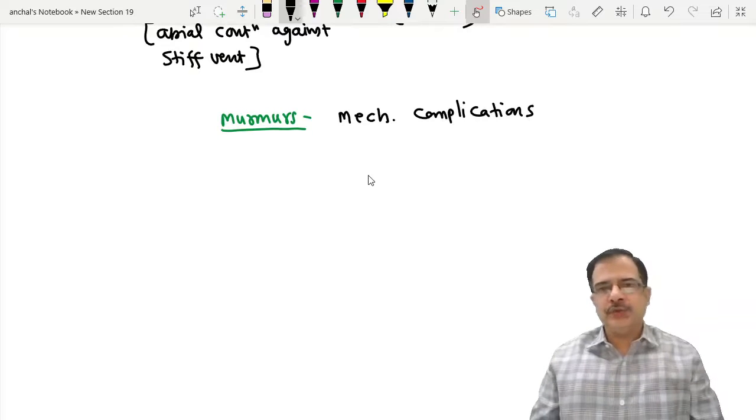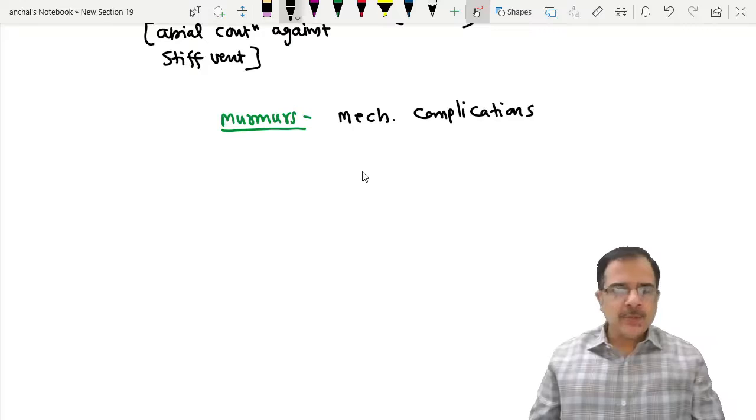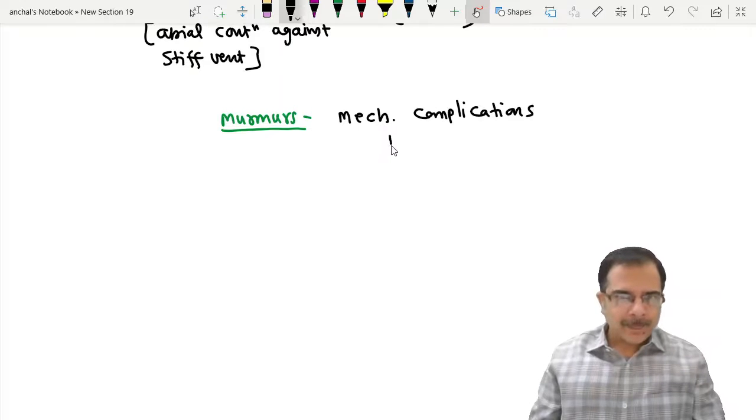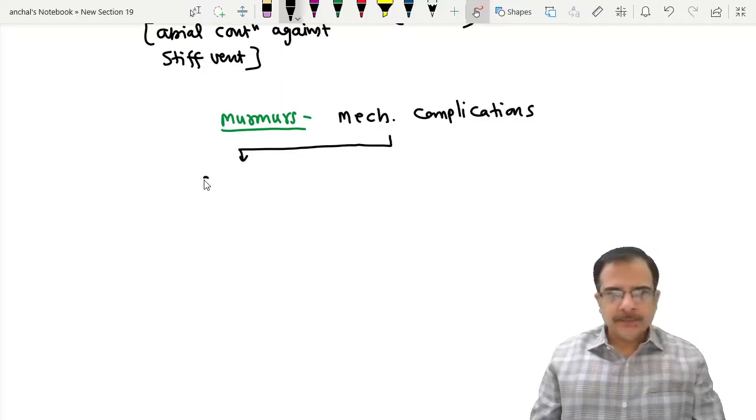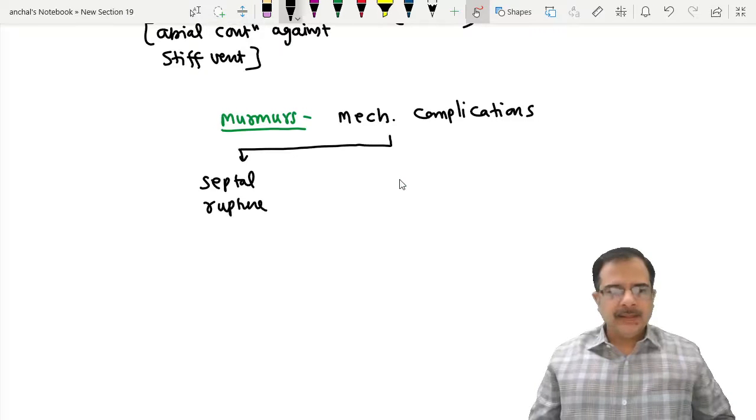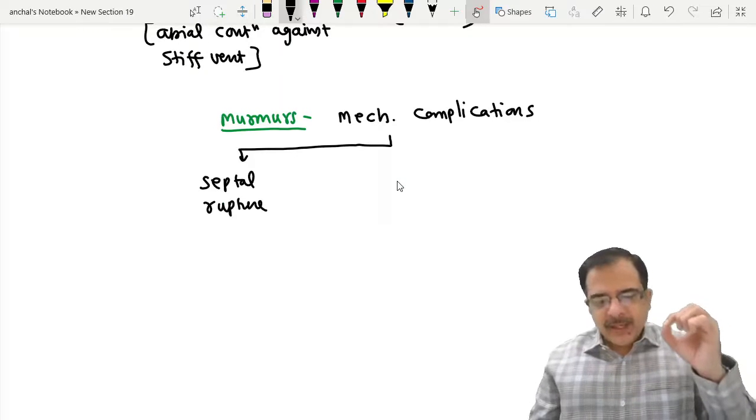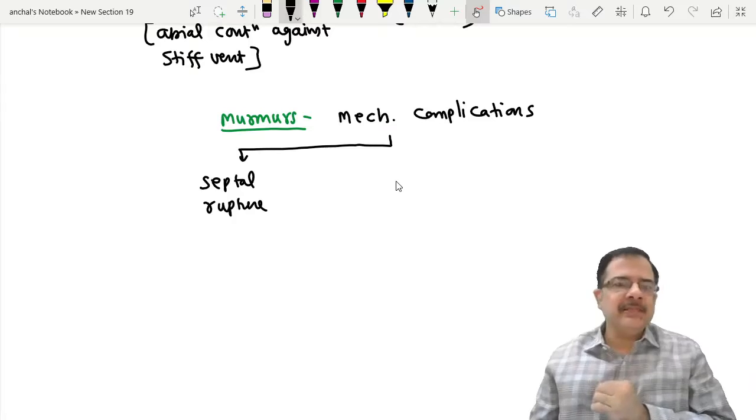So these mechanical complications are septal rupture, that is interventricular septal rupture.